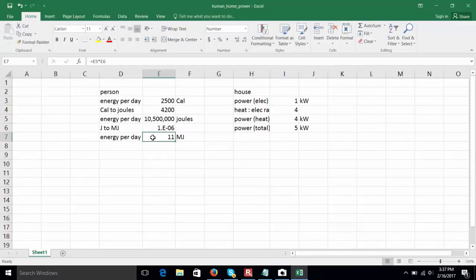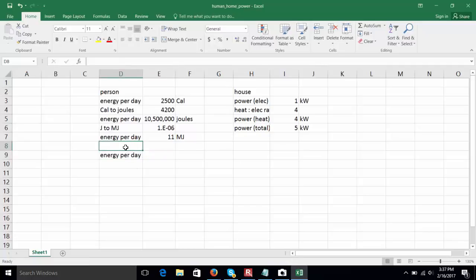So we've got energy per day, and over here we have power. Let's turn this into power. First, energy per day, and let's put this in kilojoules. That'll allow us to get into kilowatts.